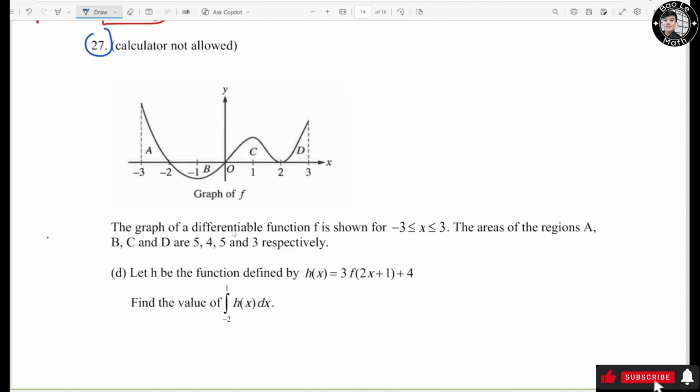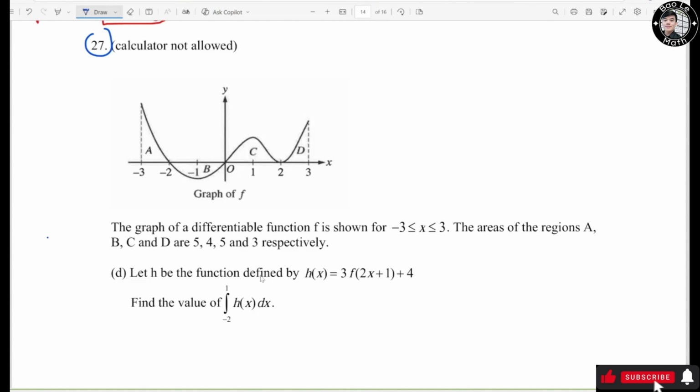The graph of a differentiable function f is shown for negative 3 less than or equal to s less than or equal to 3. The areas of the regions A, B, C, D are 5, 4, 5, 3 respectively. Part D: Let h be the function defined by h of s equals this expression. Find the value of the integral from negative 2 to 1 of h of s ds.